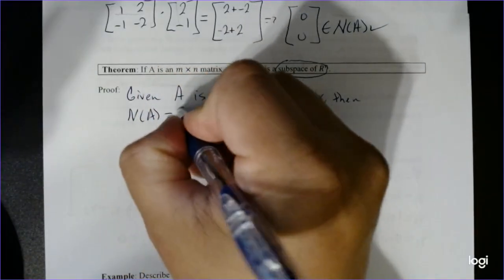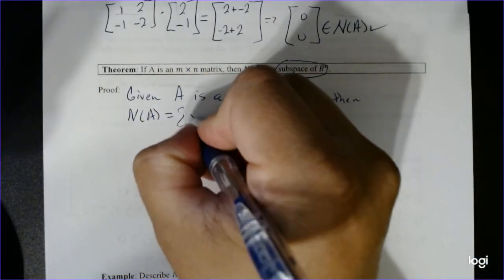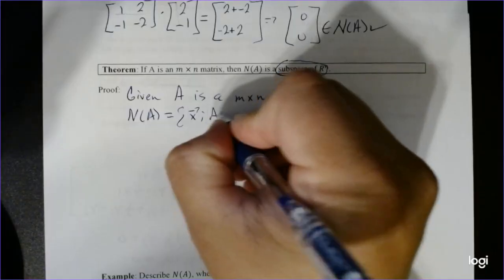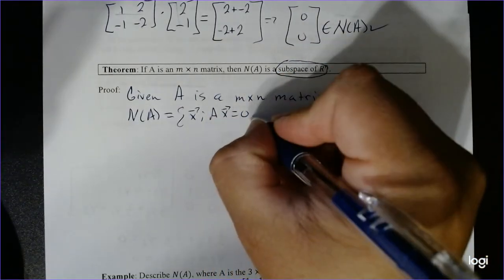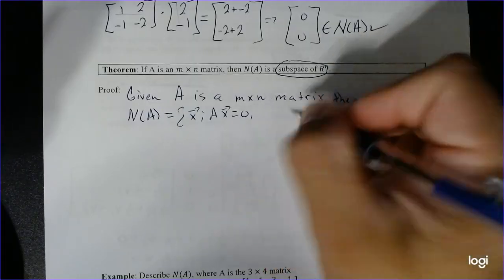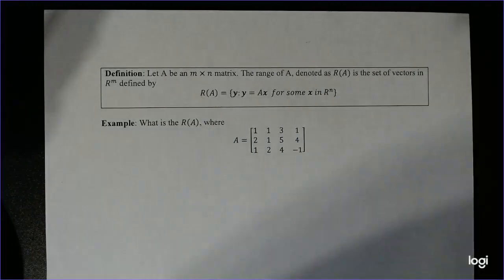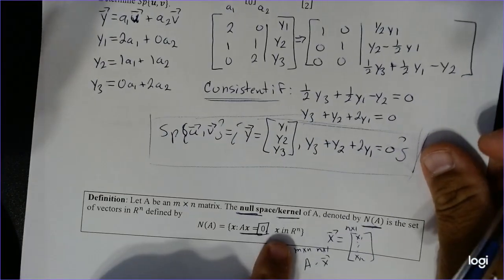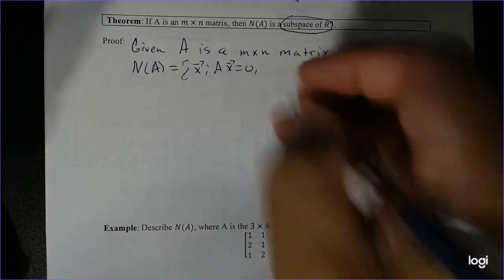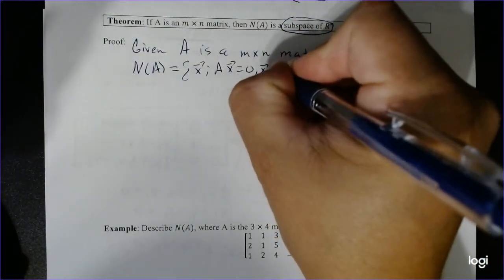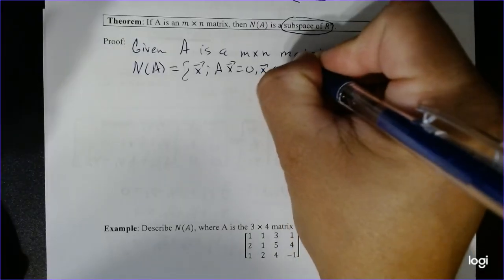Then the null space of A is defined to be any vector x such that A times x equals 0. And if you want, you can keep going. I guess I'll just write the former definition of just that, where x is contained in Rn.